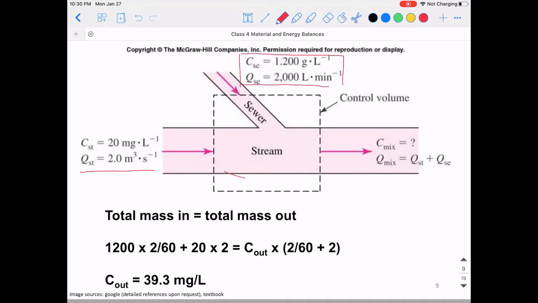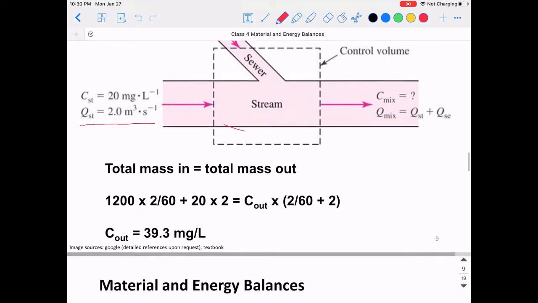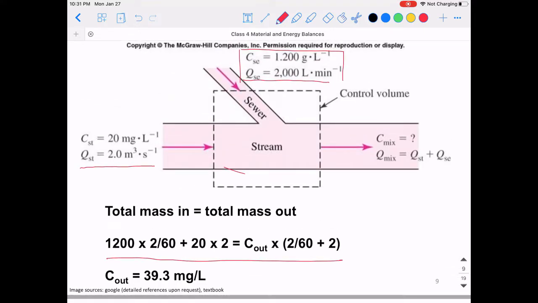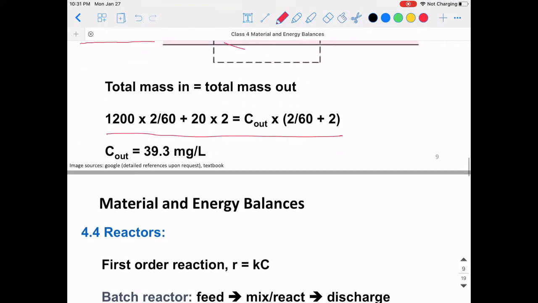If we choose the control volume to be the mixing here, the total flow rate after mixing is going to be the combined flow rate of these two streams. Based on mass in equal to mass out, we have this equation here. Further we can calculate that the C out, or the C mix, is going to be 39.3 milligram per liter.